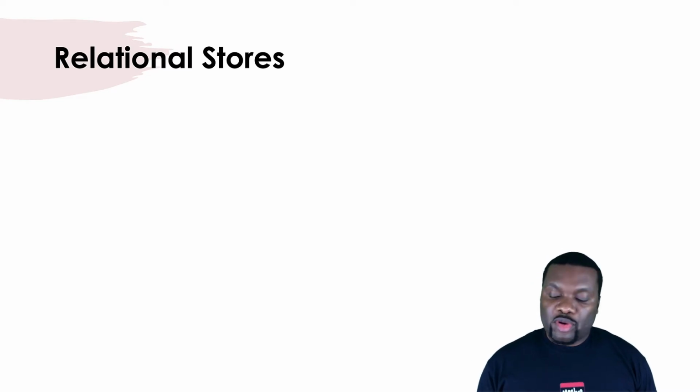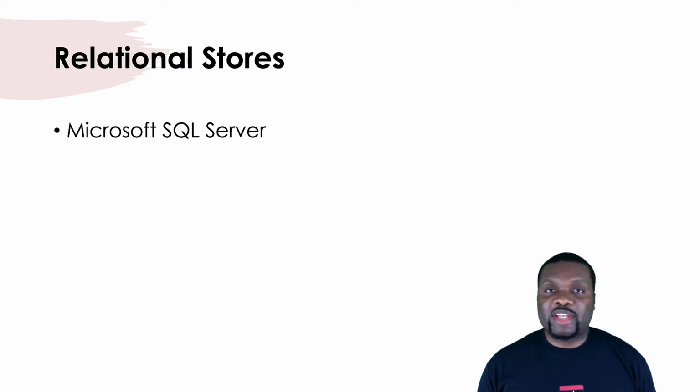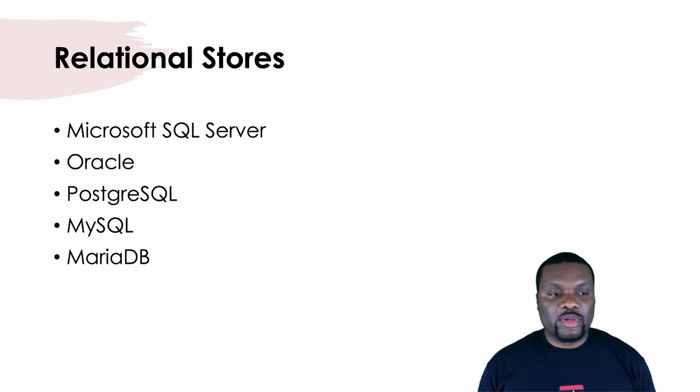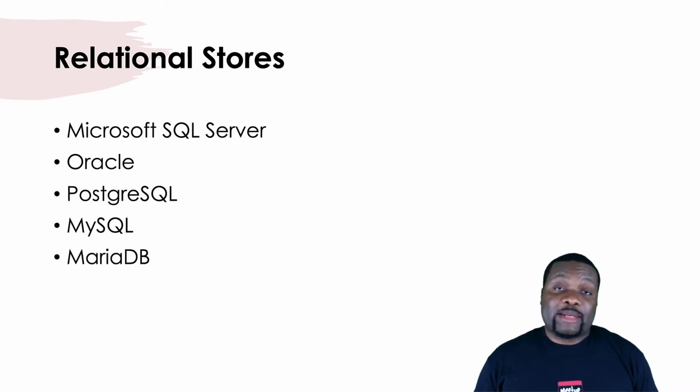For relational stores, you may be familiar with some examples like Microsoft SQL Server, you have Oracle database, you have PostgreSQL, you have MySQL, and then that morphed into MariaDB. So these are your traditional, typical relational data stores that you use in your applications or to support your applications.